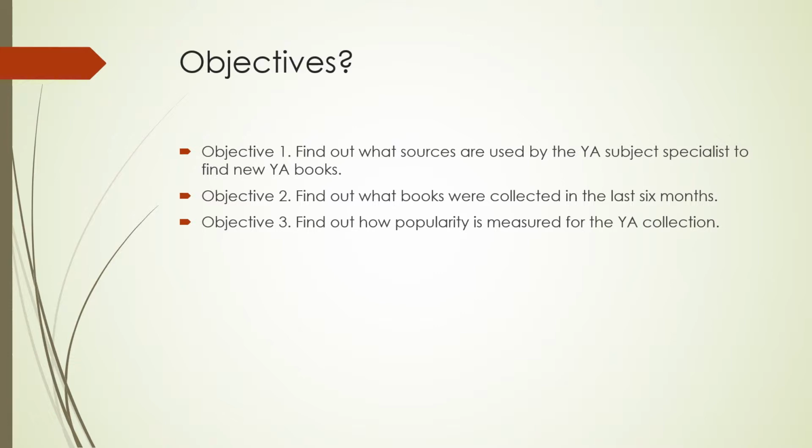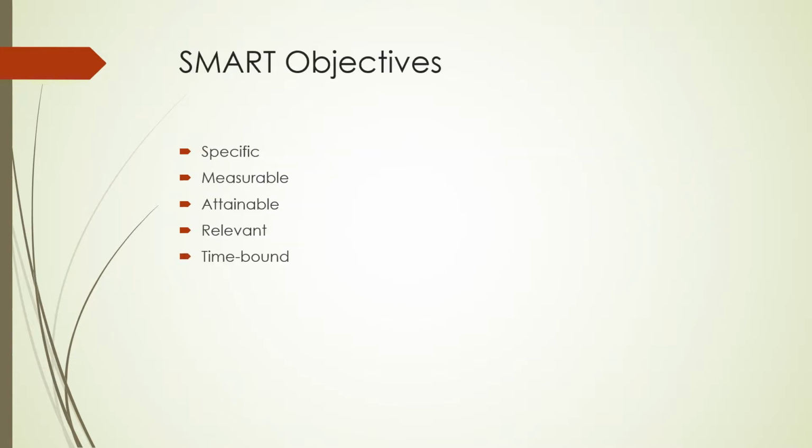There are three of them here, and we're just going to focus in on objective 1: find out what sources are used by the YA subject specialist in the library you're working for to find new YA books, young adult books.